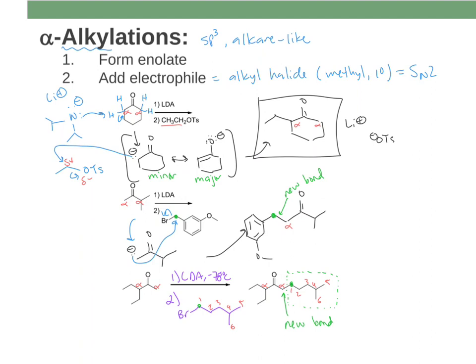Now, in these examples, I didn't have any of a small base to go to the other side. I probably should have. In fact, let me see if I can just add one for you. Here, let's just add one example of where you use a small base to alkylate something.